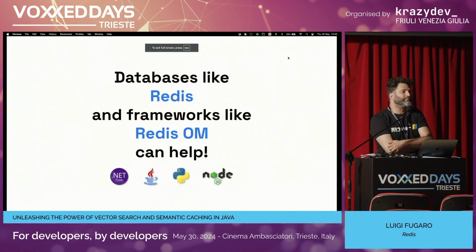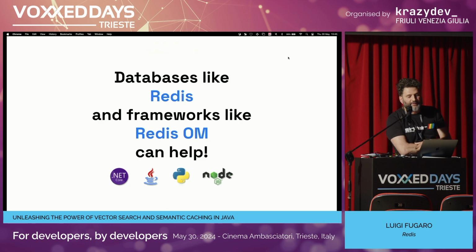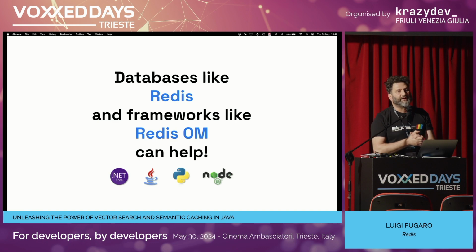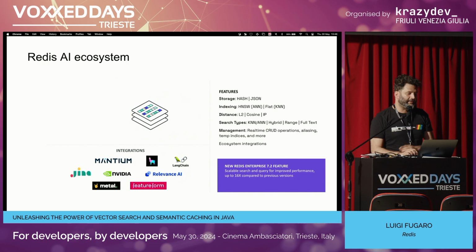So Redis as a database and Redis OM as a framework can really help on building a Gen AI application, targeting things like vector database that are also useful for many use cases, like, I don't know, question and answering, RAG, semantic caching, etc. And there is an ecosystem for AI in Redis.